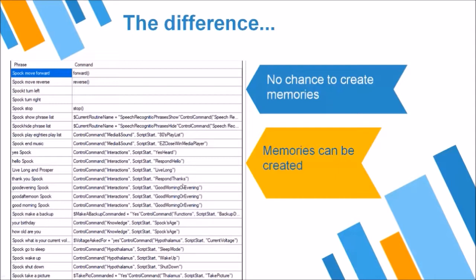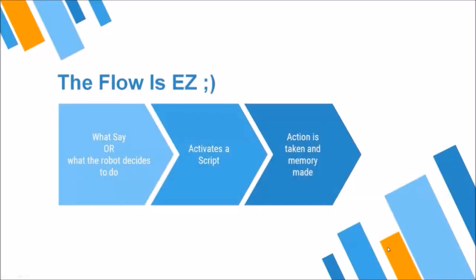I think that would be harder and harder to manage, but you do at least have to acknowledge and consider this when it comes to the ability for your robot to make memories. So again, we'll go back to the flow. What you say and what the robot decides. Now the reason why I say what your robot decides is because you might have some processes that are automated within your robot.